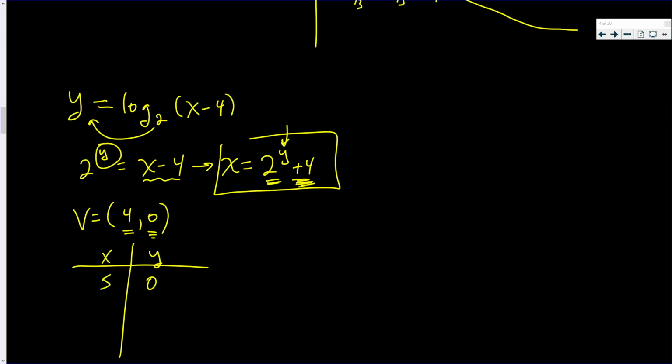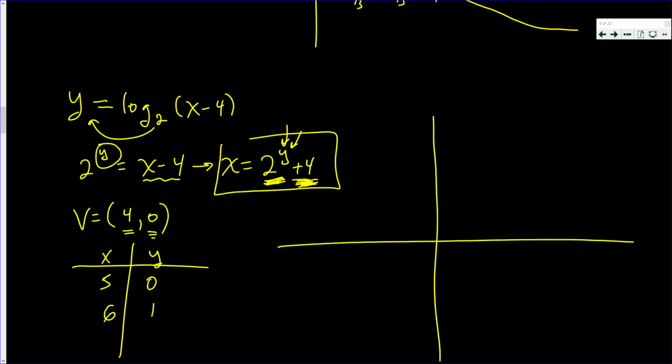X is 5. What makes this power 1? Y being 1. 2 to the 1 is 2, plus 4 more is 6. Those 2 points should be quite helpful.